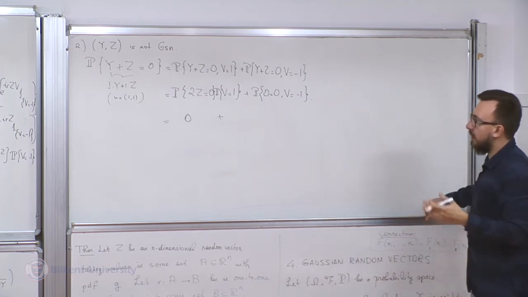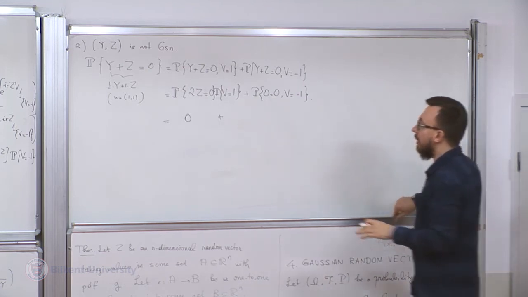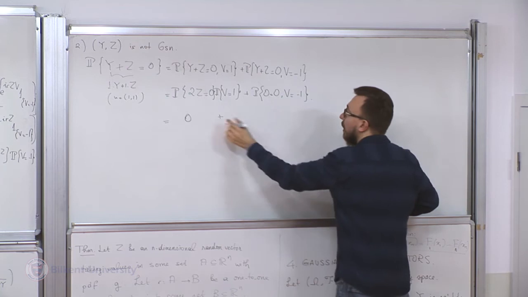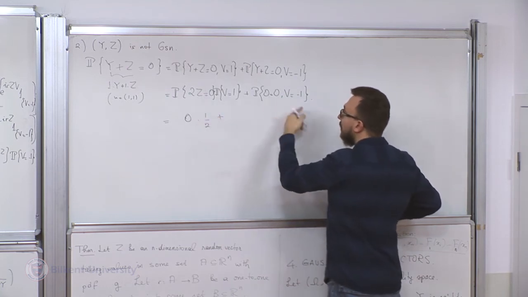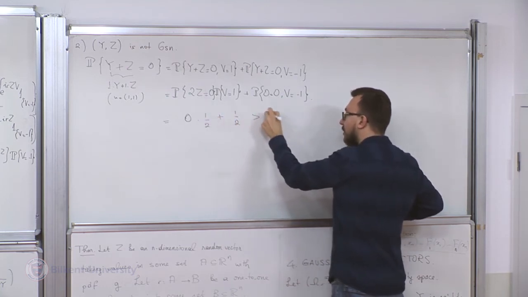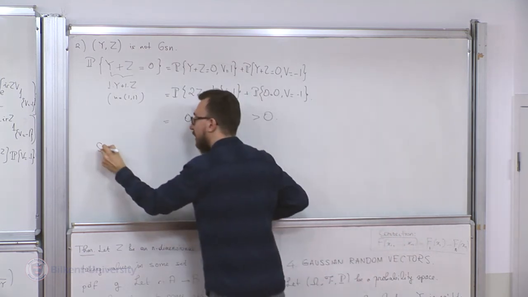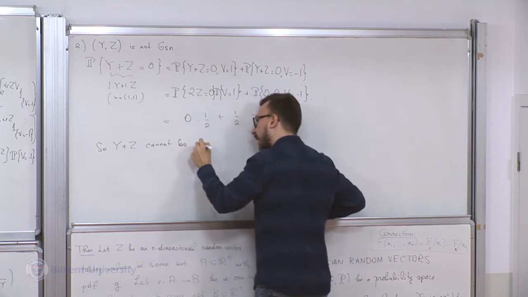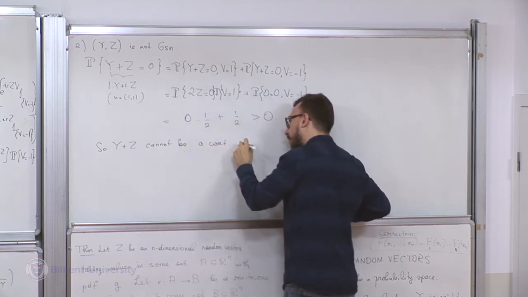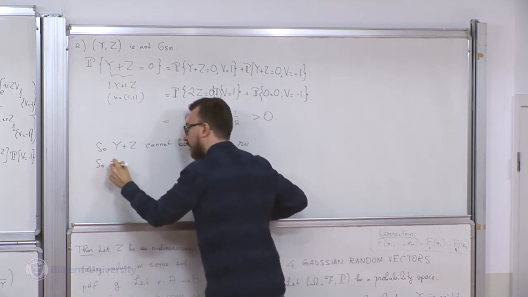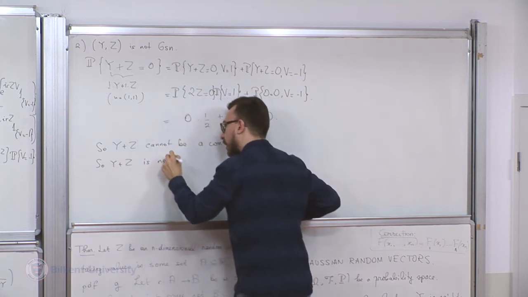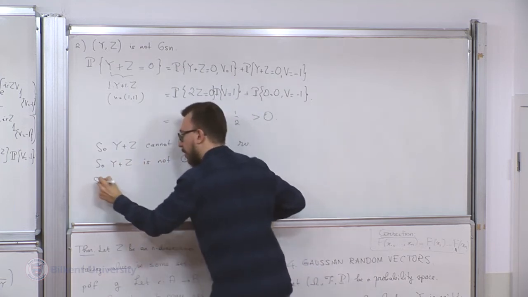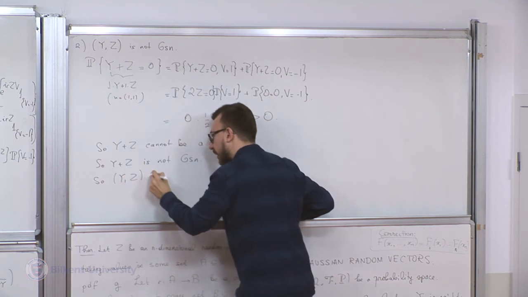Because Z is a Gaussian random variable, so the probability that it is 0 is just 0. 0 times 1/2, plus 1/2. So this is strictly positive. So Y plus Z cannot be a continuous random variable. So Y plus Z is not Gaussian. So the vector YZ is not Gaussian.